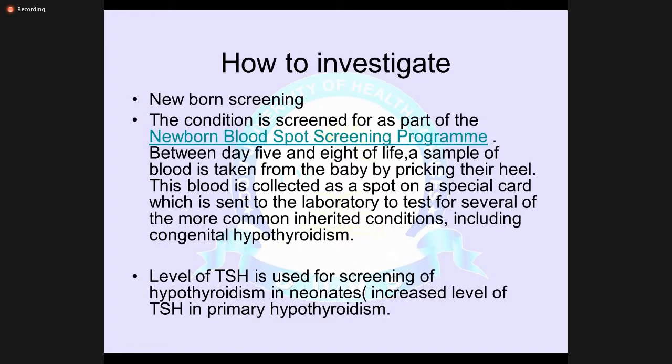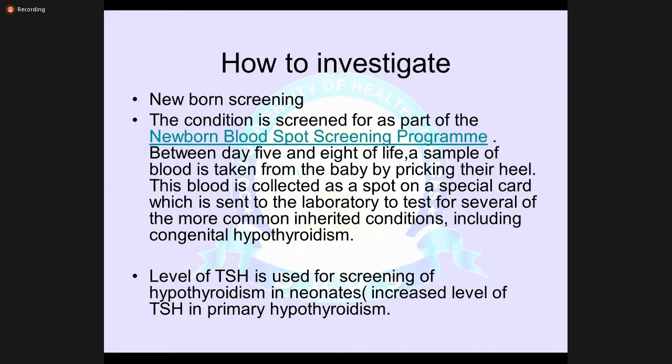Similarly, congenital hypothyroidism can be detected by this screening test. The idea behind this screening test is that if you detect congenital hypothyroidism at an earlier stage, you can give thyroxine early, and you can prevent the child from developing cretinism.